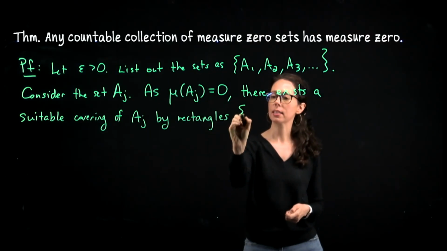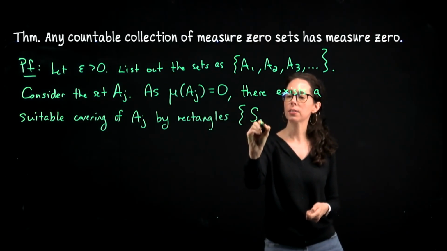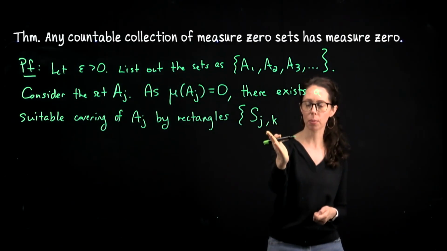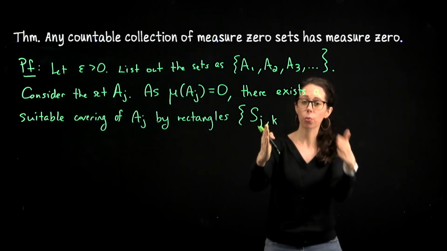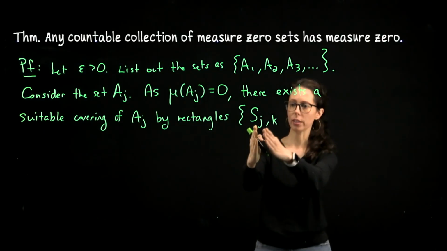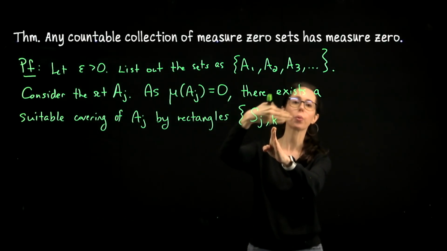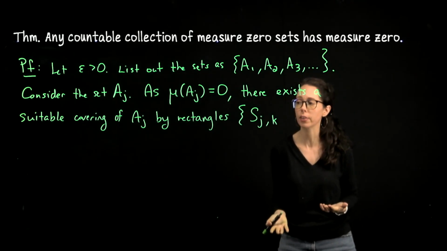There's the suitable covering of A sub j by rectangles. Let's index this as j is fixed, and then k, my second subscript here, will index us through this family of rectangles. So j goes with this j that's fixed in this statement, and then k takes us through however many rectangles we're using to cover A sub j.